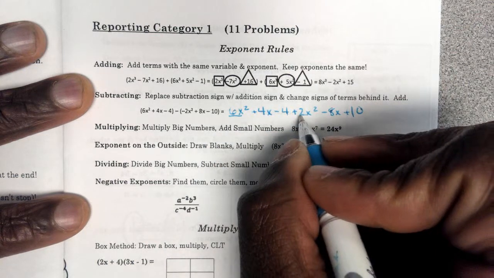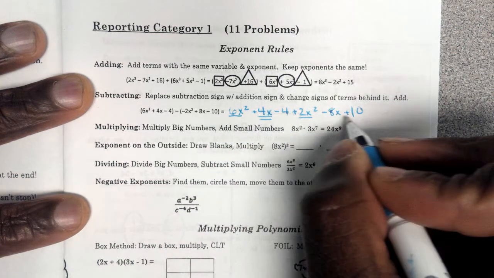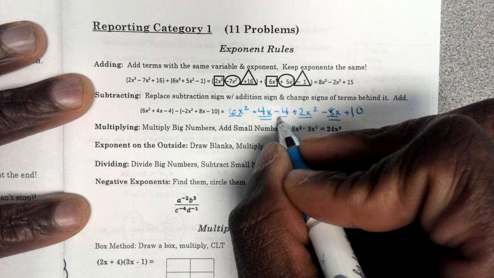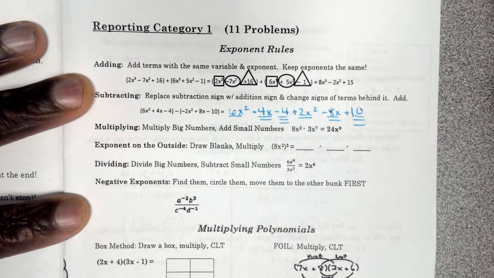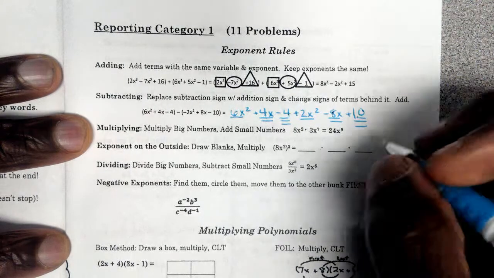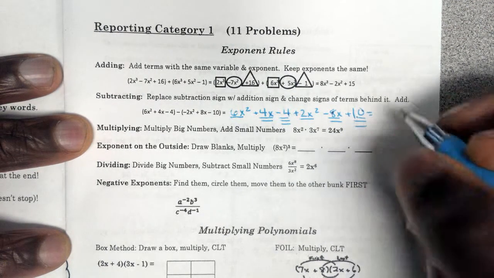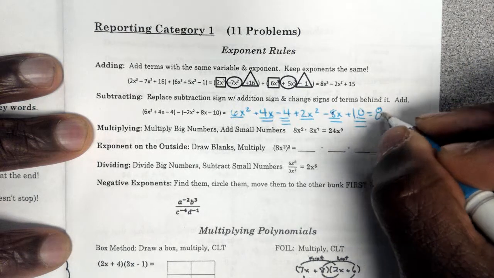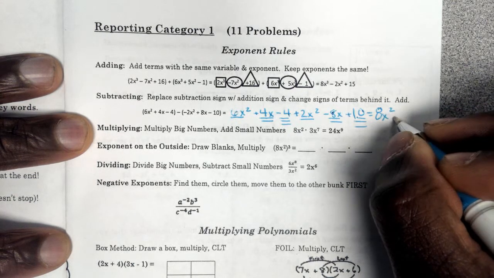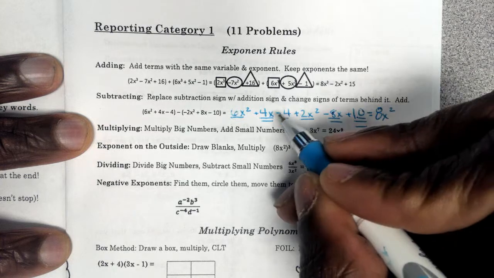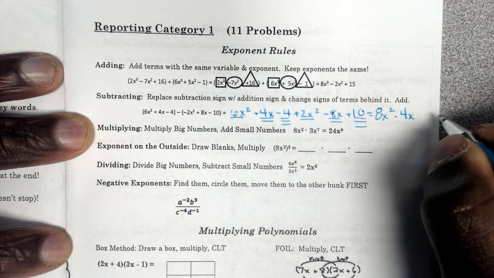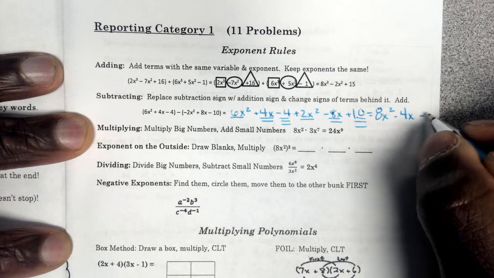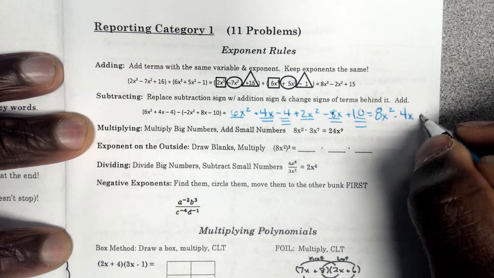These are the same, and these are the same. After you combine those like terms, you get 8x squared minus 4x, or plus 6 rather.